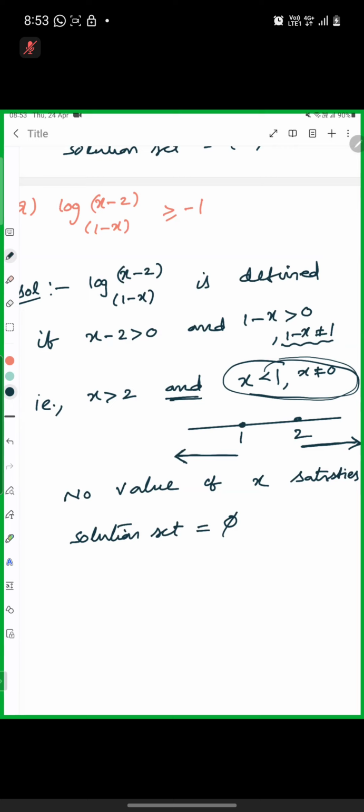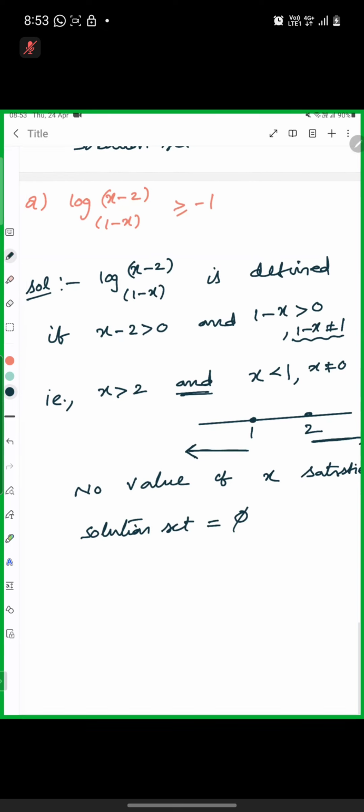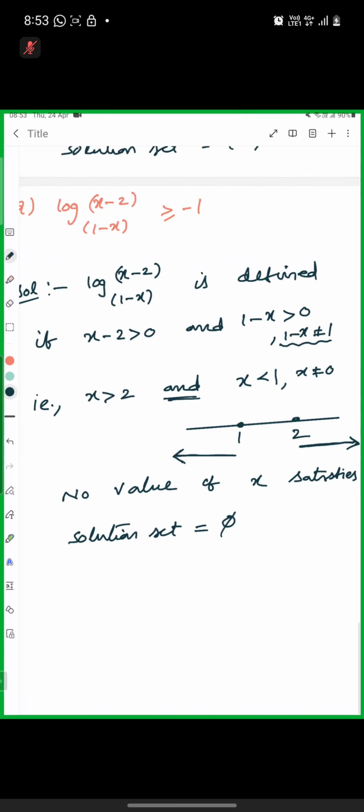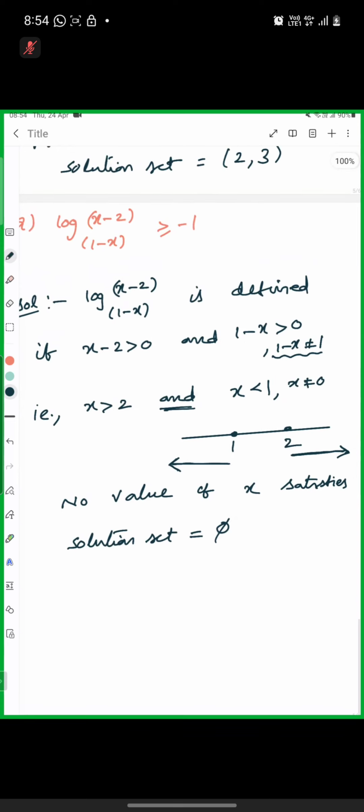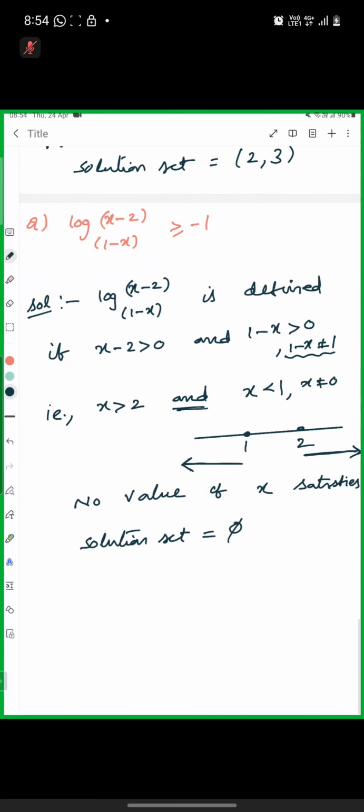Any common values there? No, sir. That's why no value of x satisfies. So for any x, this is not defined, which means for any x this inequality is not true. That's why the solution set is an empty set. Understood? Okay. Note down.